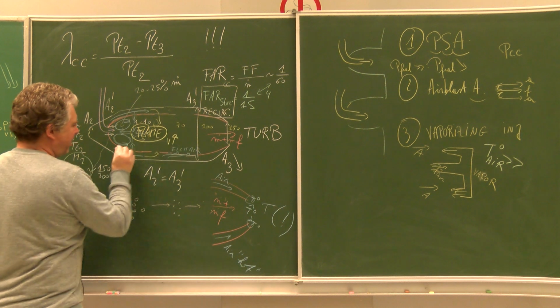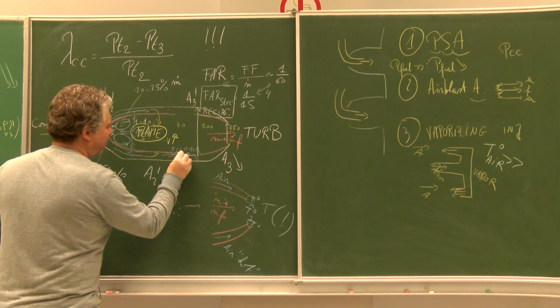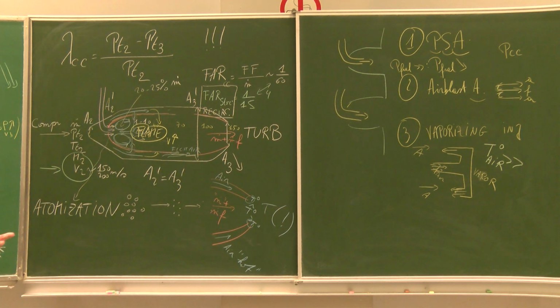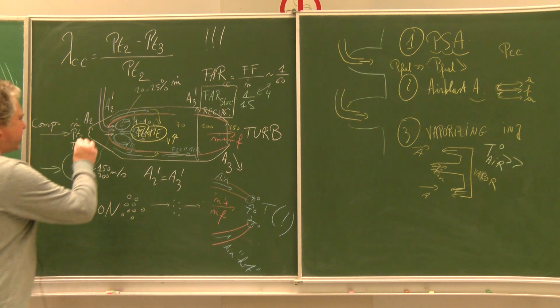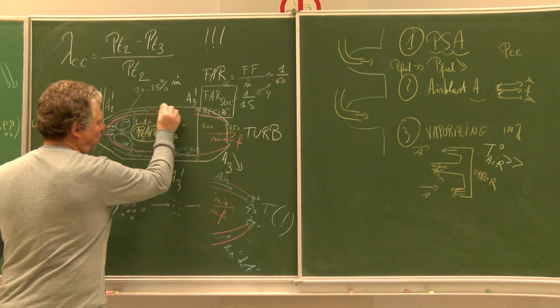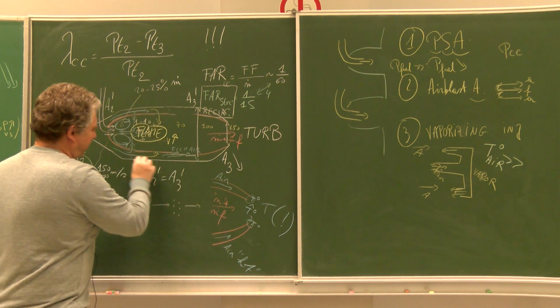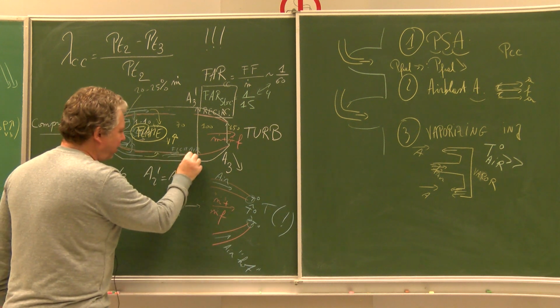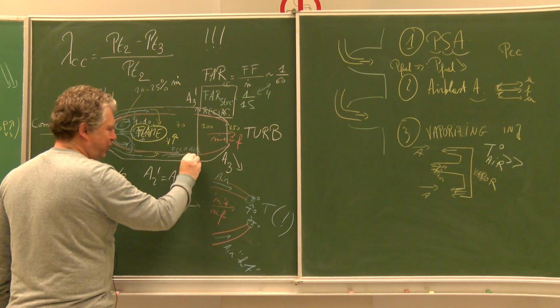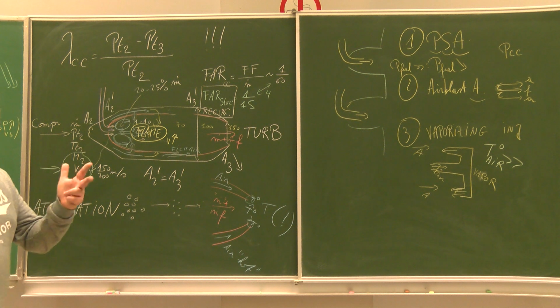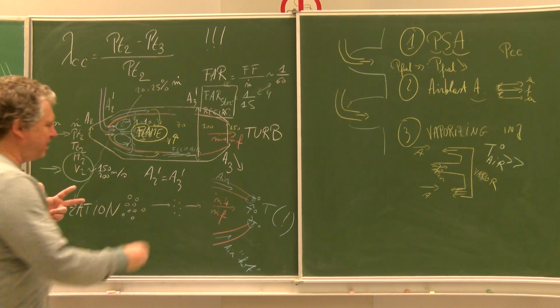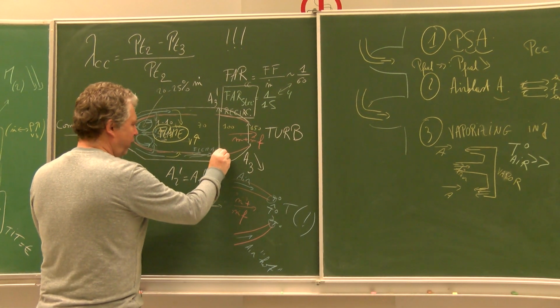So you will have friction of the air or of the gases against the walls. So you see that there is an external wall, there is an internal wall on one side, on two sides, so you have three sides where you have friction, 1, 2, 3.